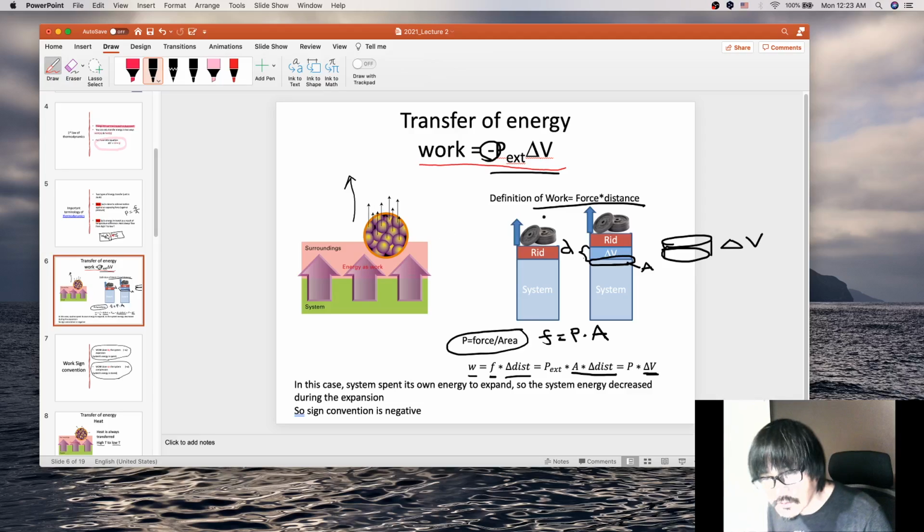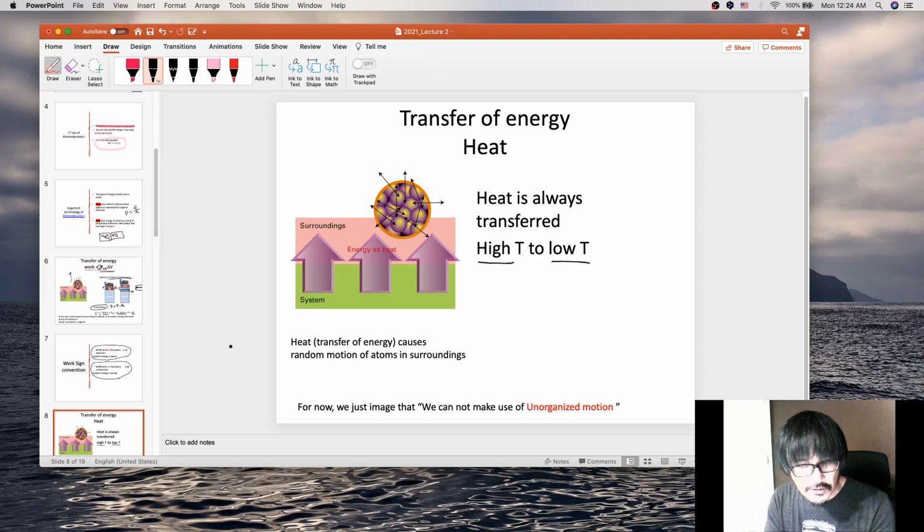And the atoms or molecules in the lid are all moving upward in a uniform motion. Those are very useful, because if every molecule in a car is moving uniformly, then you can step on it and travel somewhere, right? So work is really useful, but the heat is going all over the place. It's a randomized, unorganized motion, so you can't really use heat as much as work.